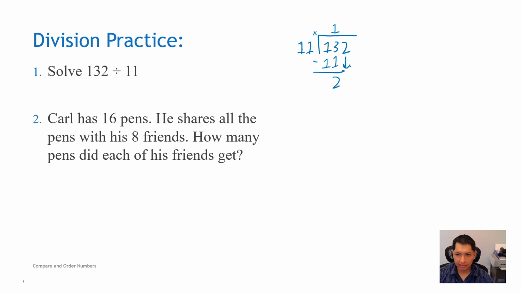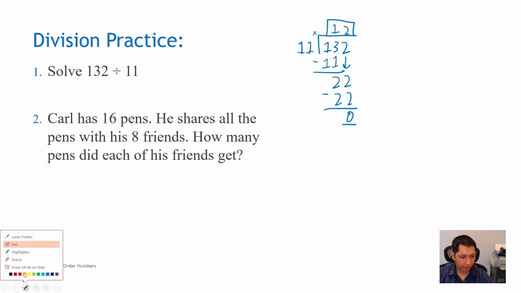Then I drop down the next number, and I ask, how many times does 11 go into 22? And the answer here is 2. And 11 times 2 is 22, and I subtract those two numbers, and I get 0. So when I get 0 here, that means that I have reached the quotient answer. So the quotient here is 12. I can make 12 equal groups of 11 out of 132.